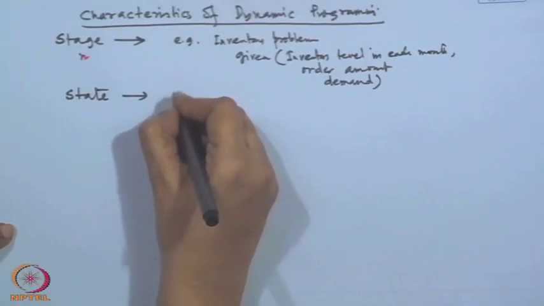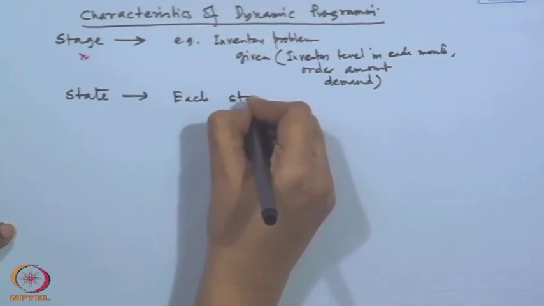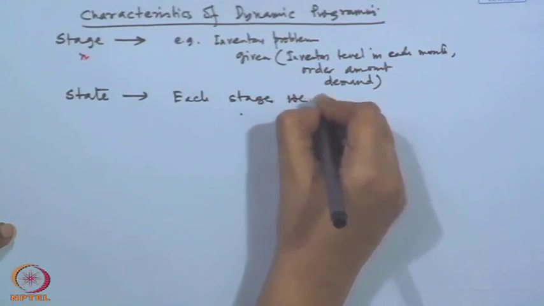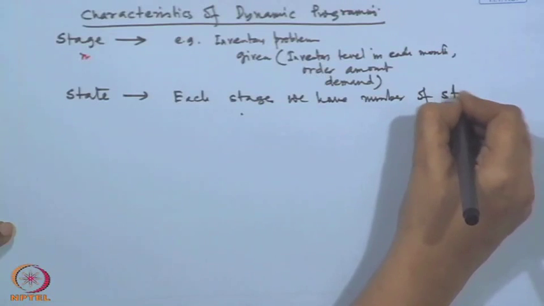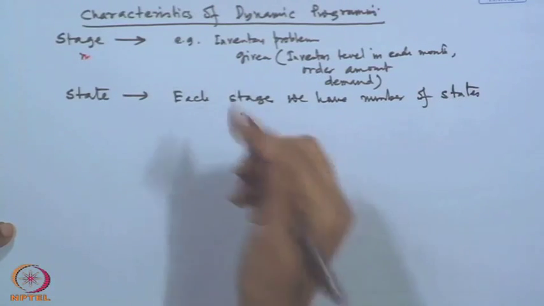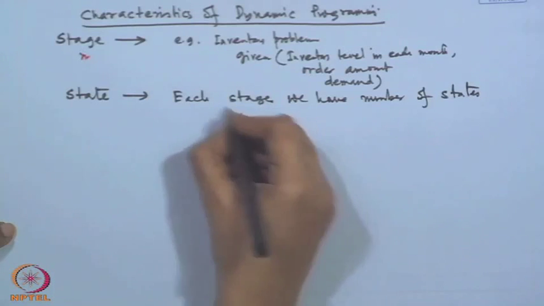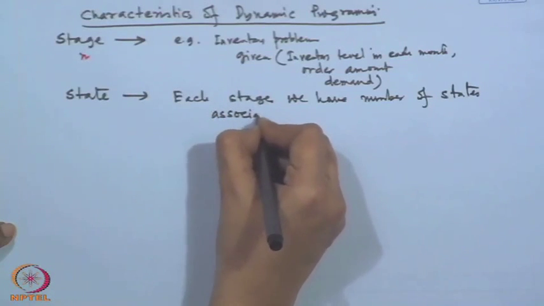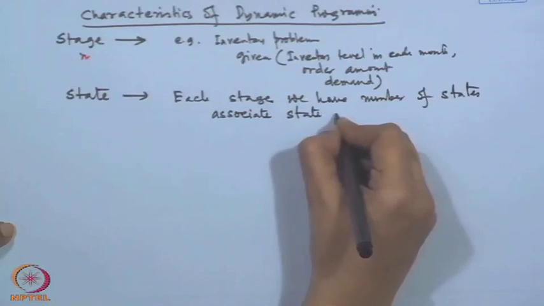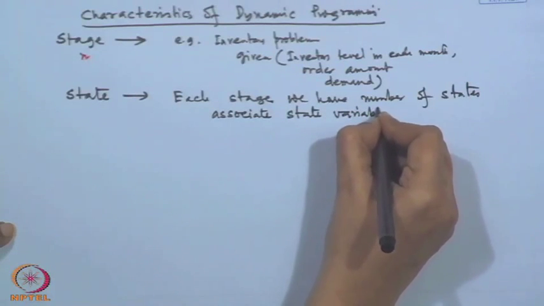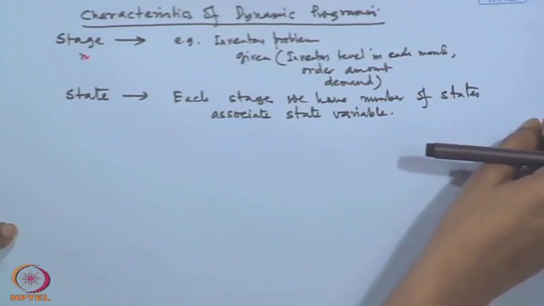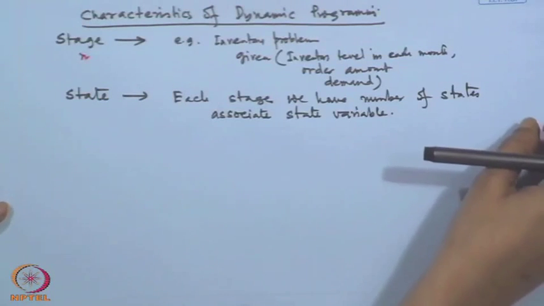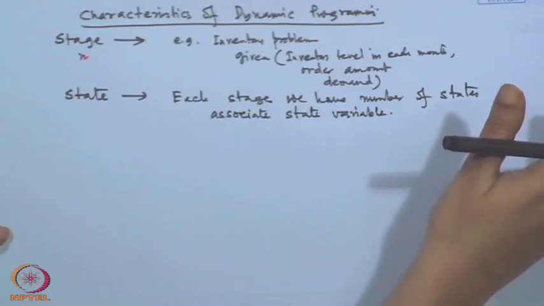Now, regarding the state, for each stage there is a state. Since we have different states, we associate a state variable with them. For the previous problem, the state variable for stage 2 was x2, for stage 3 it was x3, and so on.